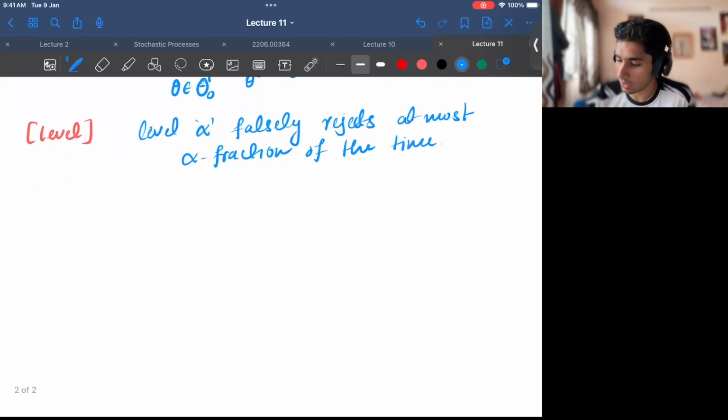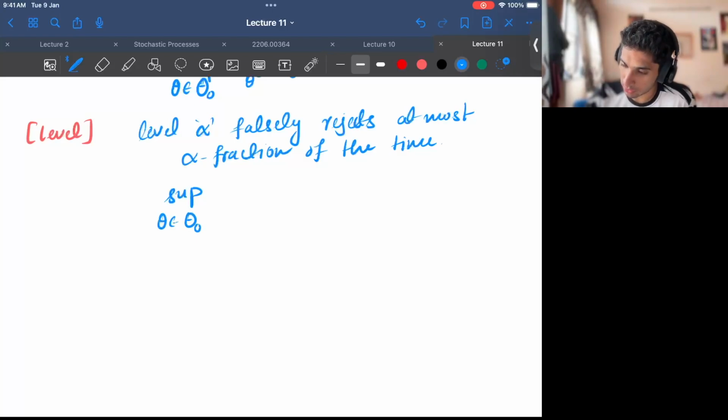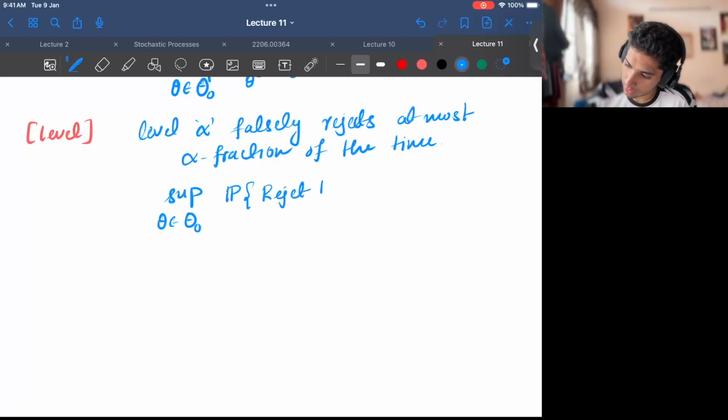So, mathematically speaking, it's the supremum over theta belonging to theta naught of the probability of rejecting H naught, which is less than or equal to alpha. So, this is what alpha level is.